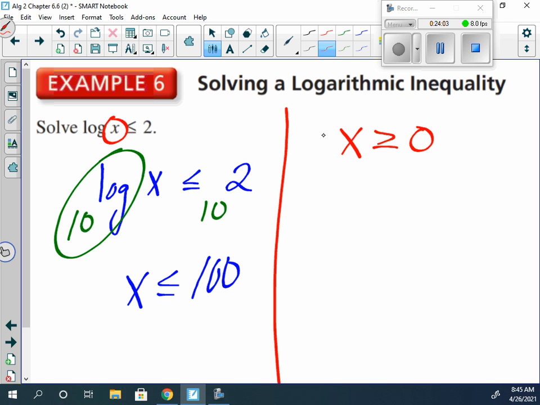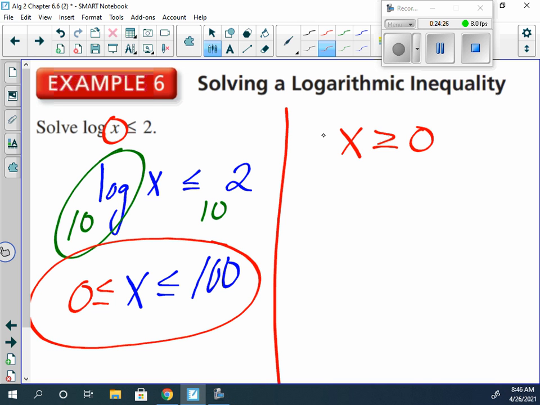Well, x is already by itself, so we're saying x has to be greater than 0, and when we solved it, it is less than or equal to 100. We have to add this on so that we remove any of the negative numbers that will not work for logarithms. And this is our answer.